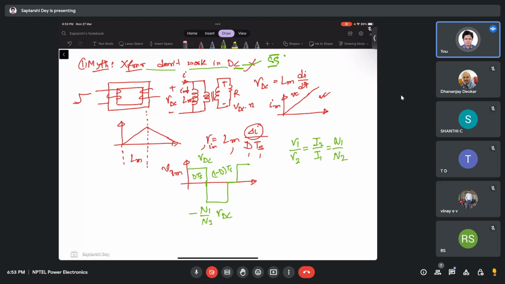This thing we study in our machine course, but in power electronics, I do not think that it is true. In machines we are not that interested in instantaneous values, but a more general statement is small v1 by small v2, that is instantaneous values, equals n1 by n2. So if you give DC to a transformer primary, you will get DC in the transformer secondary.